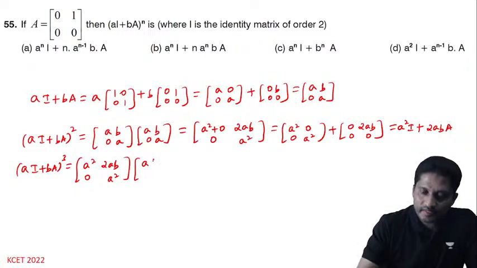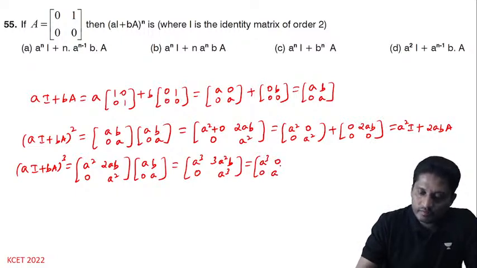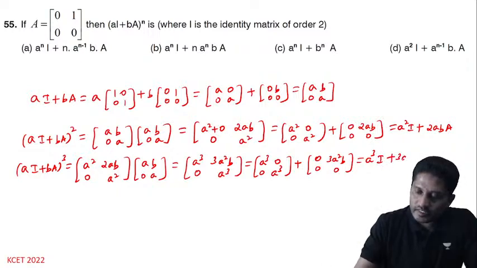Into this is equal to A, B, 0, A. Now if I multiply, first row, first column is A cube. First row, second column is A square B plus 2A square B is 3A square B. Okay, this is 0 and then A cube. So this is same as A cube 0, 0 A cube plus 0, 0, 3A square B and then 0. This can be written as A cube into I plus 3A square B into A.